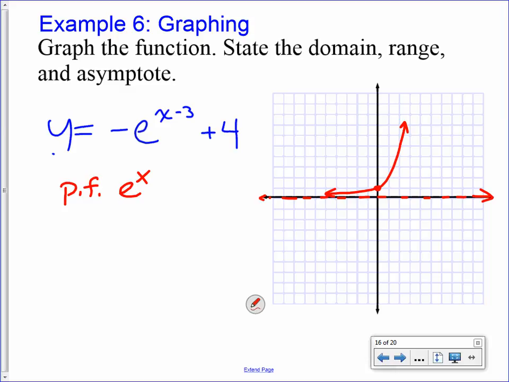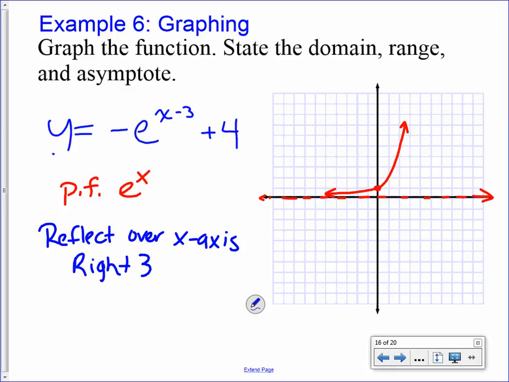And then we'll describe the transformation. So the negative in front is going to reflect the graph over the x-axis. The -3 on the inside is going to shift the graph right 3. And then the +4 is going to shift the graph up 4.